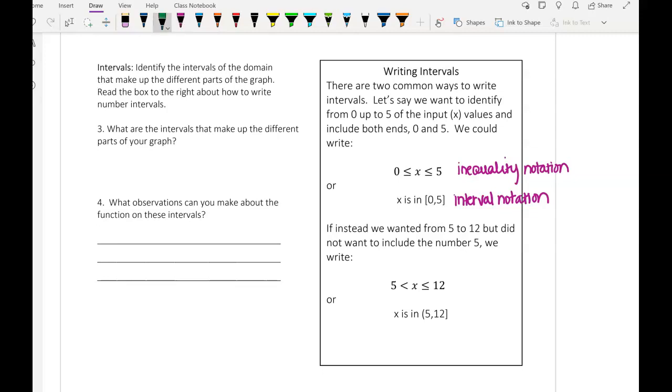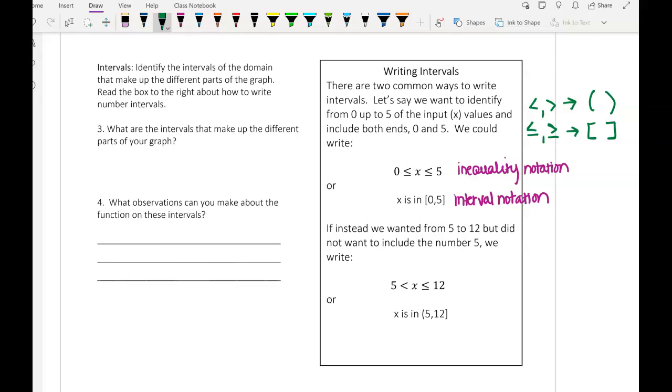So if we have the less than symbol or the greater than symbol, then we use parentheses. If it's less than or equal to, greater than or equal to, we use brackets. And brackets mean that the numbers are included in the interval. Parentheses mean that they are not included in the interval.